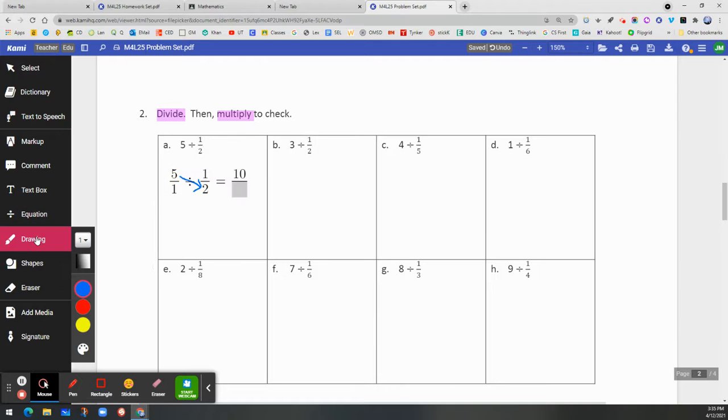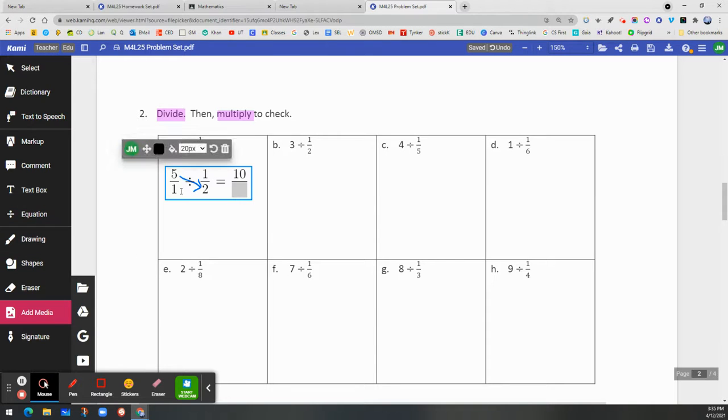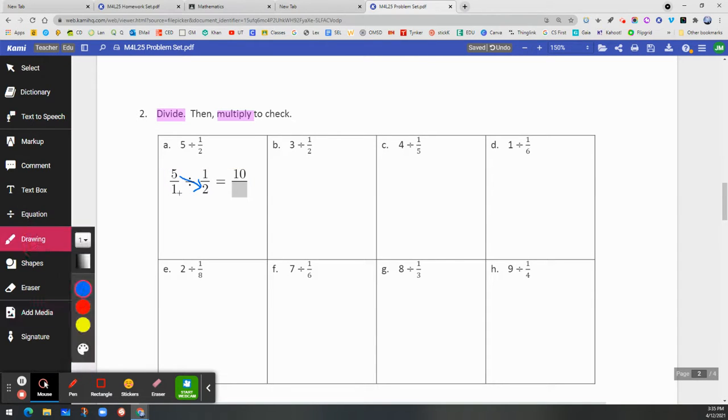The next step, let me see my drawing here. When you multiply the first numerator times the denominator, that goes on the numerator. 5 times 2 equals 10.